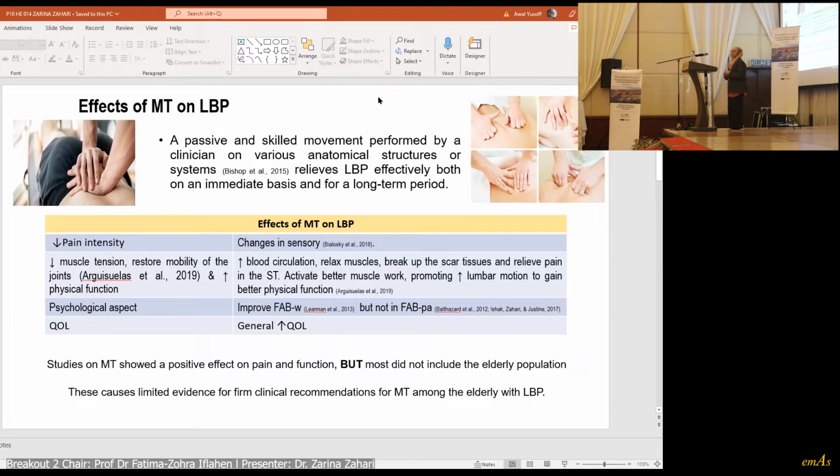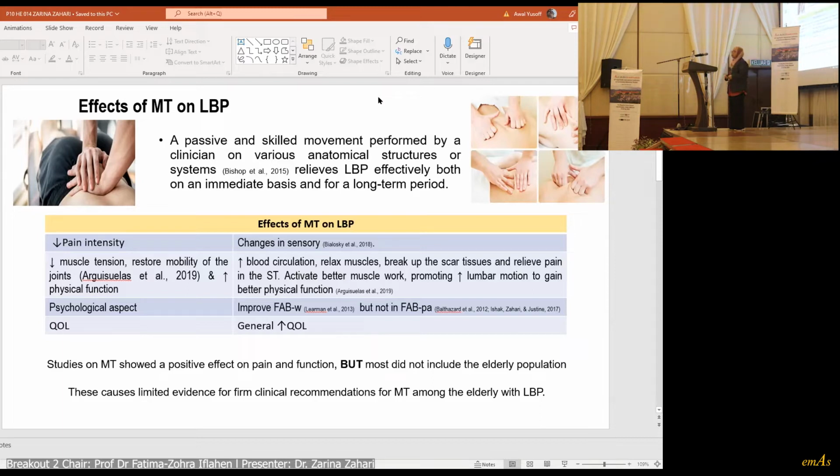What is the definition of manual therapy? Manual therapy is a passive and skilled movement performed by the clinician, or here we always refer to the physiotherapist or the therapist, on various anatomical structures or systems.